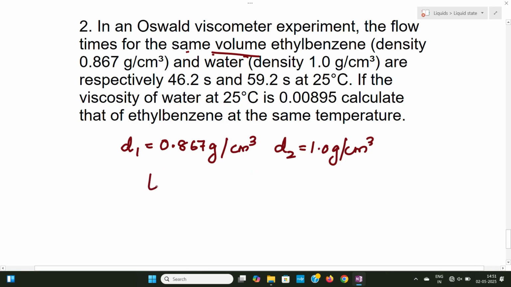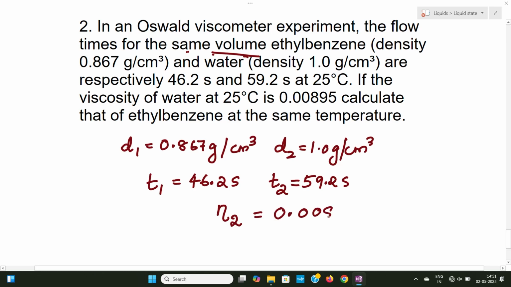Then T1, the time of flow of ethyl benzene, is 46.2 seconds, and T2, that is the time of flow of water, is 59.2 seconds at 25 degrees Celsius. Then the viscosity of water is given at 25 degrees Celsius, eta 2, that is 0.00895 Poise. Now we have to find out eta 1, that is the coefficient of viscosity of ethyl benzene.